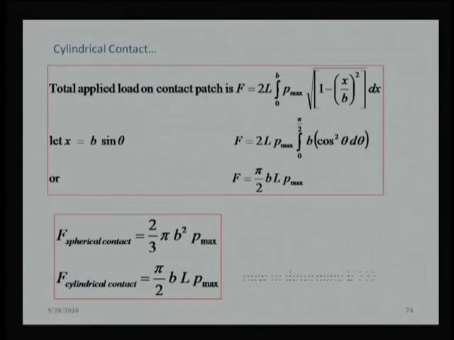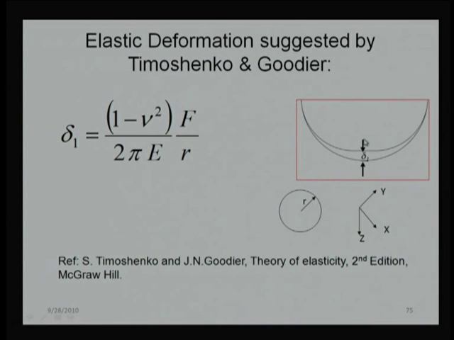Or the selection of rolling element bearings. The question comes, maybe I do not know the P max and I do not know B, how to find out this B when we do not know the P max. So, we can start with some strength of material equation. We say that assume this is a spherical contact, and under deformation, delta 1 is the deformation. When we are applying the force, there is a deformation over here.